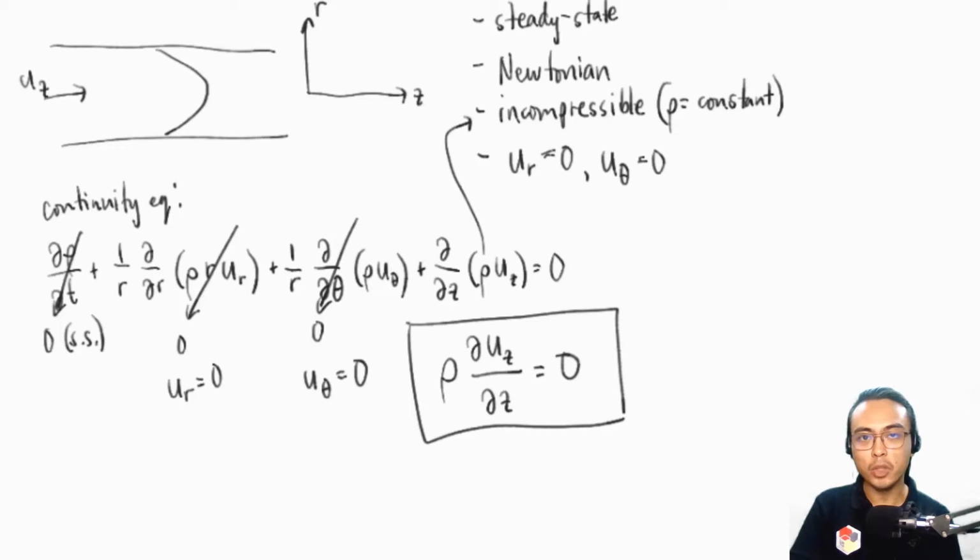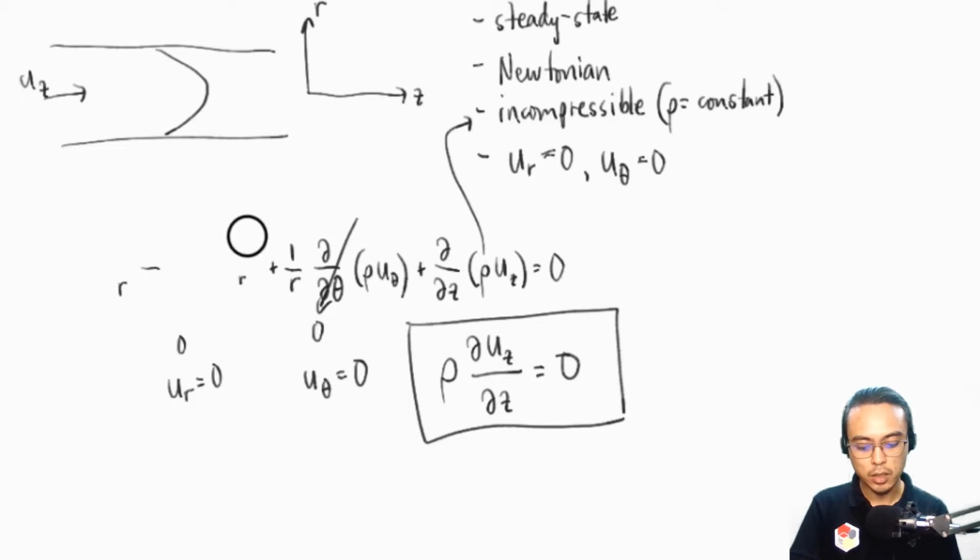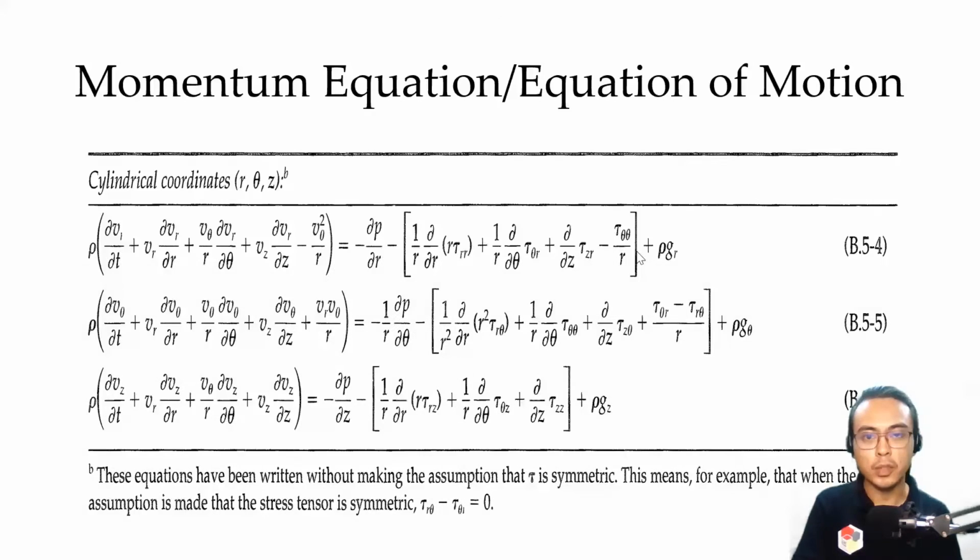Now we can proceed with the Navier-Stokes equation. So let me first erase some of this, and we will only be retaining the continuity equation. These are our equations. Now you have to discern which equations are we going to use. If you take a look at the first equation and consider the components of velocity, the velocity components that we are pertaining here is the radial component of velocity.